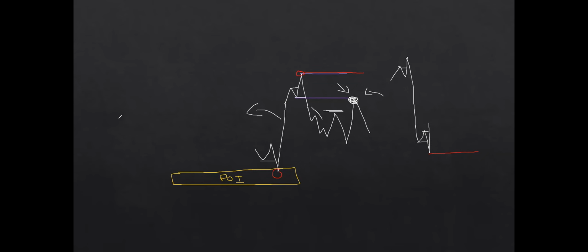When a range is created and it breaks structure, a new range will be created. If this range is the 1 hour from here to here, then a break structure on the 15-minute, or let's just call this the 15-minute break, then a new range will be created.